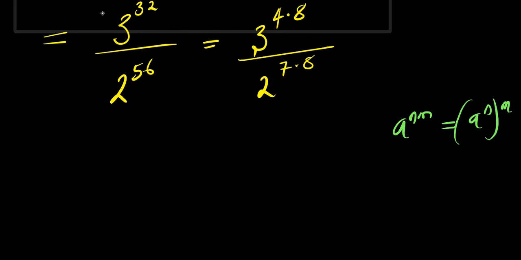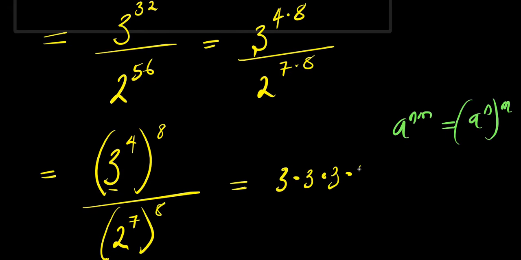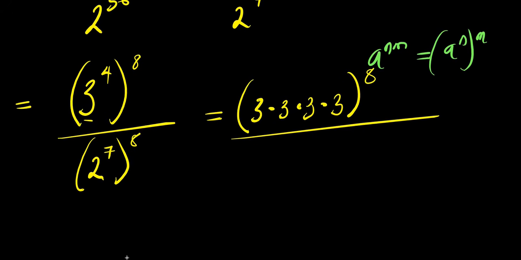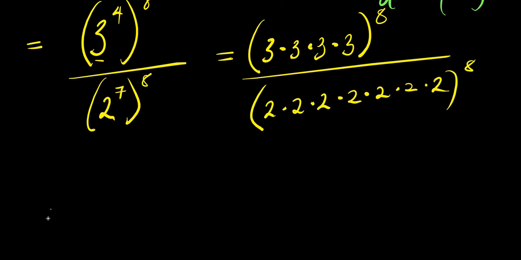So we have 3 power 4 to the power of 8, divided by 2 power 7 to the power of 8. 3 power 4 is 3 times 3 times 3 times 3, raised to the power of 8, divided by 2 power 7, which is 2 times 2 times 2 times 2 times 2 times 2 times 2, seven 2s, raised to the power of 8. 3 times 3 is 9, 9 times 3 is 27, 27 times 3 is 81.